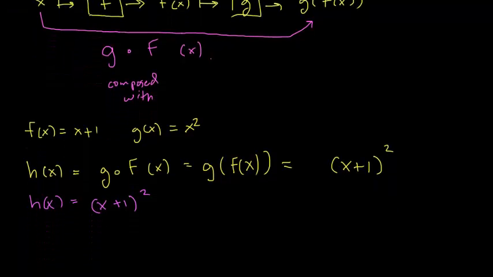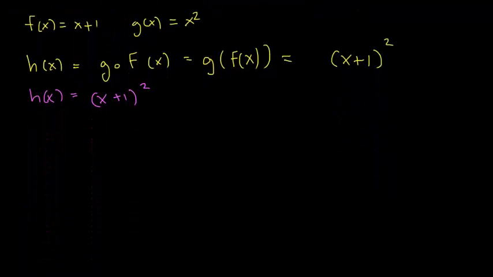Now really quick, let's take a look and let's say, well, what would happen if we wanted not g composed with f, but if instead we wanted f composed with g of x? Well, f composed with g of x says first you run x through the g function. That gives us x squared.